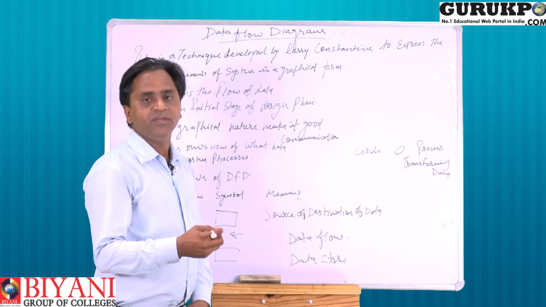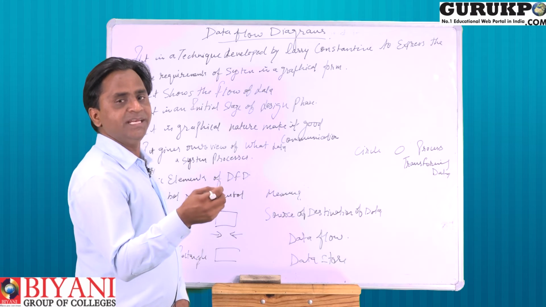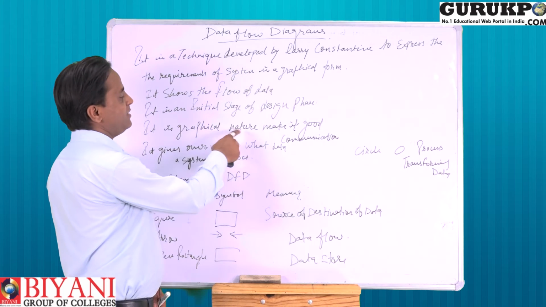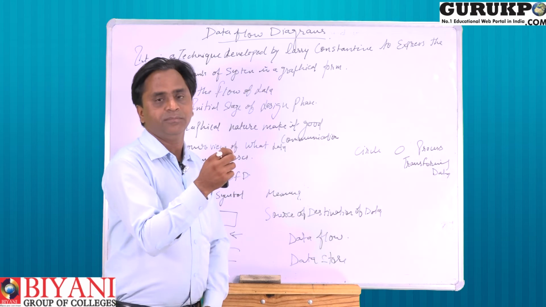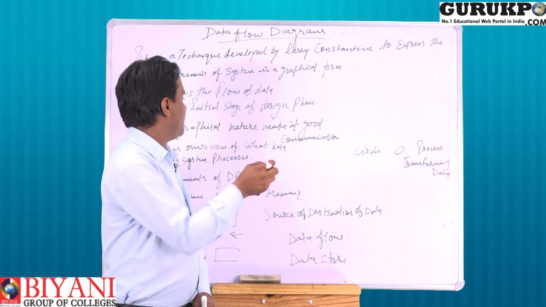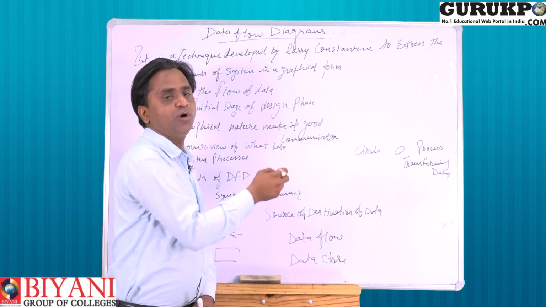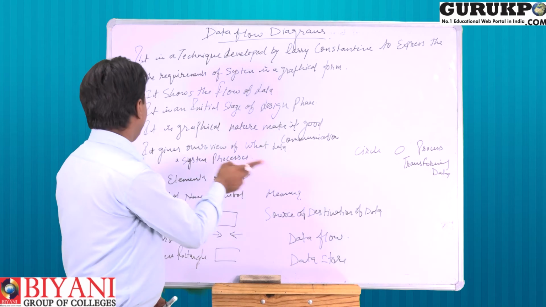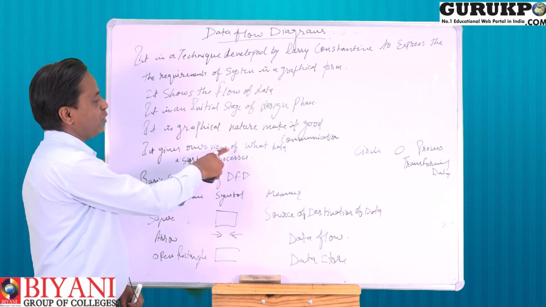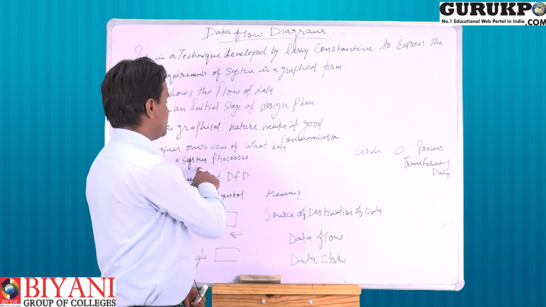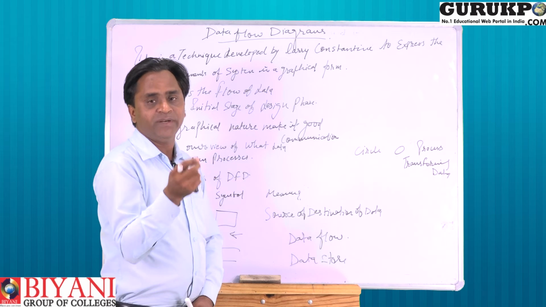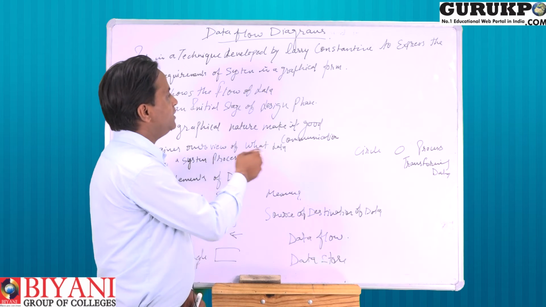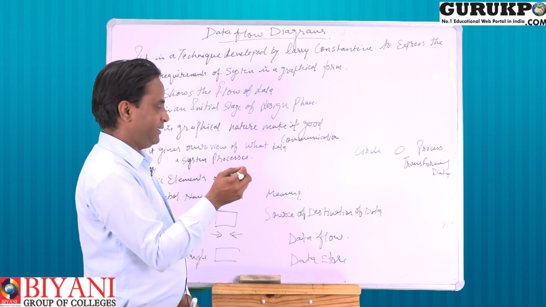Its graphical nature makes for good communication between tools. It gives an overview of what data and system processes, which kind of data we are using in our DFD diagram.